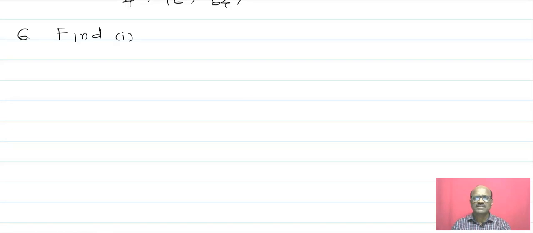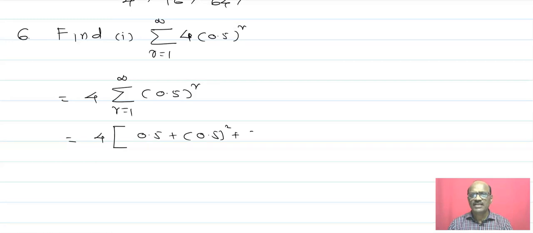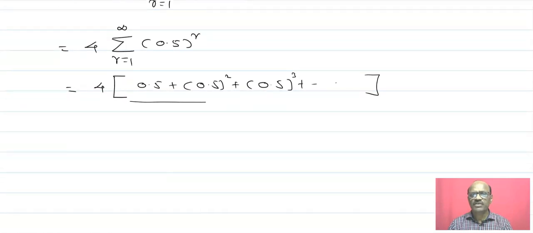Now the next. Question number 6: summation r equals 1 to infinity of 4 into 0.5 bracket raised to r. Now summation r equals 1 to infinity of 0.5 raised to r can be written as 0.5 plus 0.5 square plus 0.5 cube and so on.